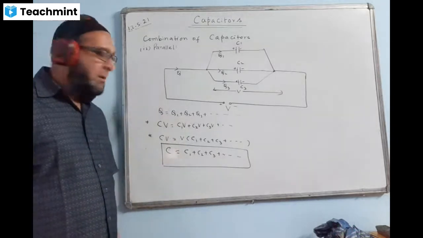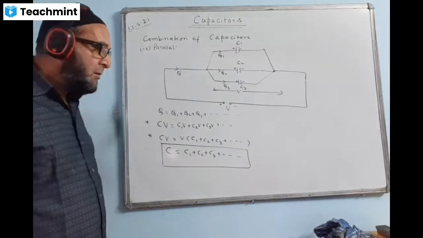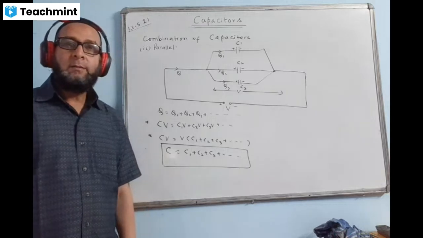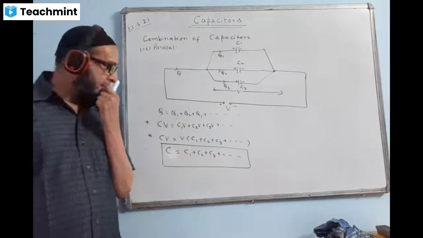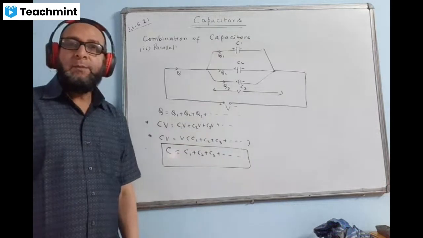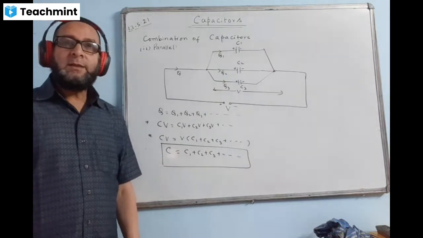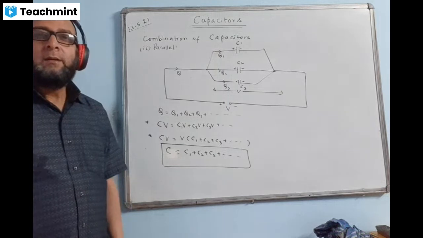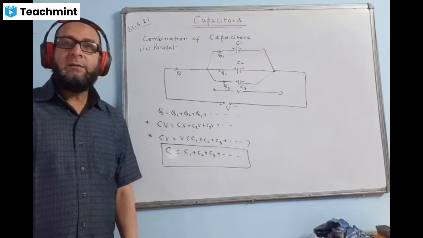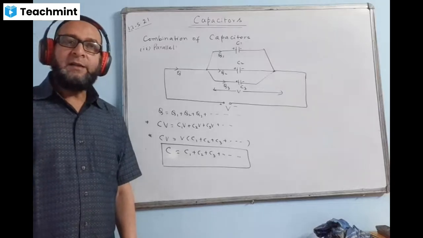What is the special feature of the parallel combination? Please write down: in parallel combination, potential remains the same, whereas charges on each capacitor are divided.